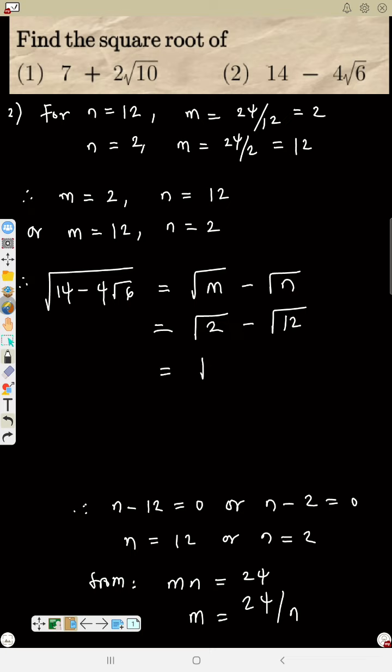Square root of 12, you can split it. That will be 4 times 3, which is 2 root 3. So that will be minus 2 root 3. If you have this, it will give you a negative result. So you can ignore the negative result, as square roots cannot give you negative. So you need to pick the other one.